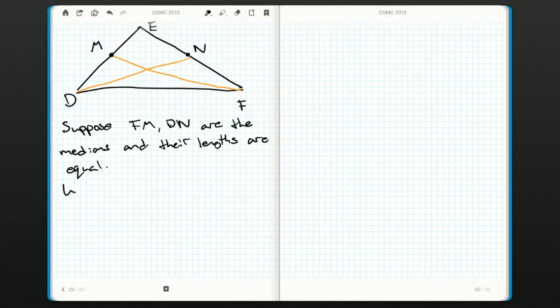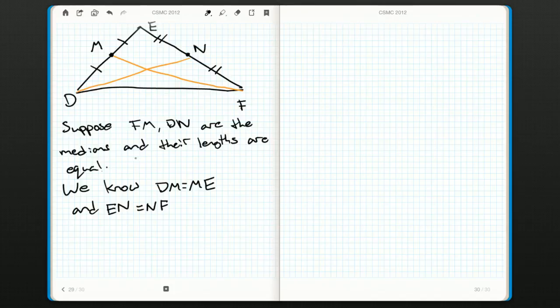Well, one thing we know is that since these guys are medians, they split their sides equally. So now if we could show that EN and ME are equal, then we'd have the sides are equal.